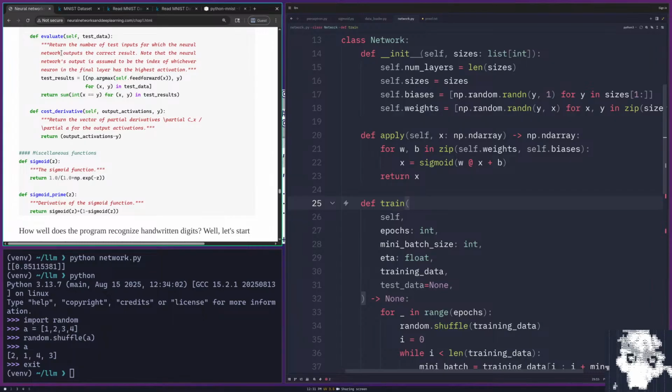Evaluate returns the number of test inputs for which the neural network outputs the correct result. Okay, so you just say argmax, which means give me the value in the vector that is the biggest, and then we're just going to compare that to y.